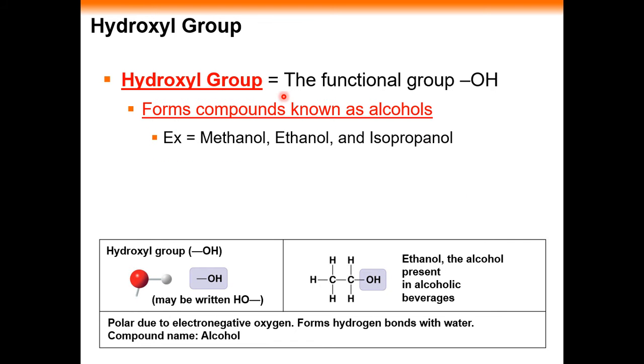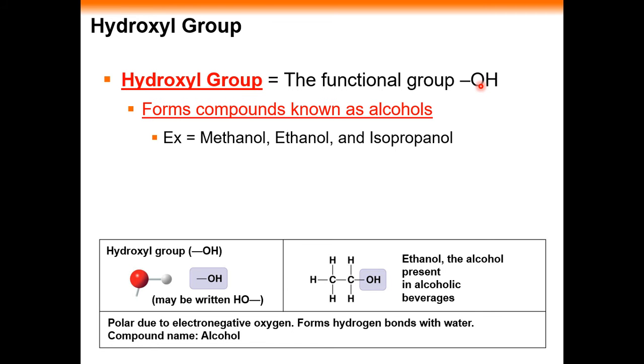So there's a hydroxyl group. It's made up of an O and an H. So you need to know what a hydroxyl group is. You should be able to draw it. It's just an O and an H. Hydroxyl groups, the OH, form compounds known as alcohols. So here's ethanol, the lovely alcohol in alcoholic beverages, right? So the OH groups form alcohol.